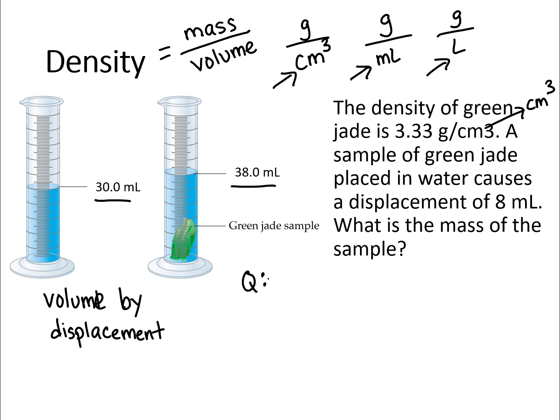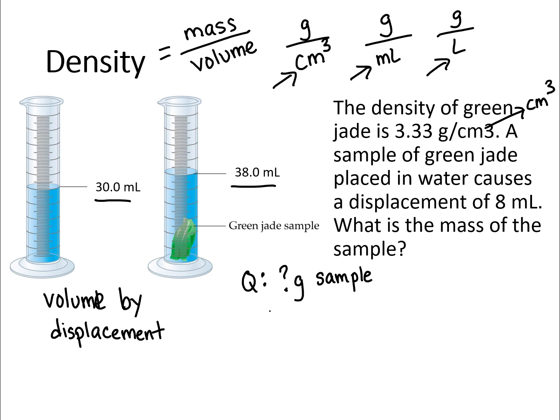So the question is asking about the mass of the sample. And because we know we're dealing with green jade, which is a solid, and we're talking about density, mass is always going to be in grams. So we want to know how many grams is our sample.